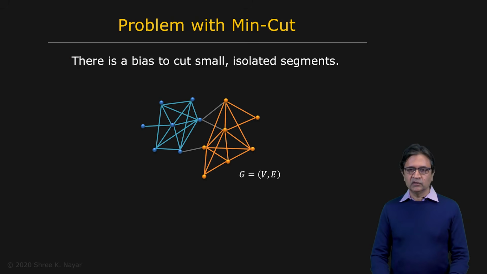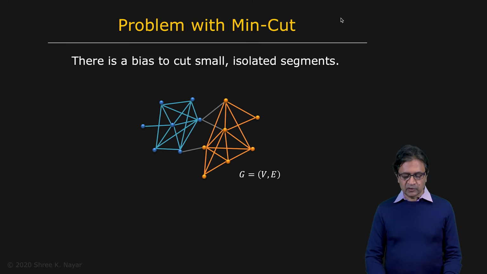All right, so that's very simple, but there is a problem with the min-cut algorithm. The problem is that there is a bias to cut small isolated segments. In this particular case, let's say that these are pretty weak edges with low affinity right here. And so you would like to have this as your desired cut.